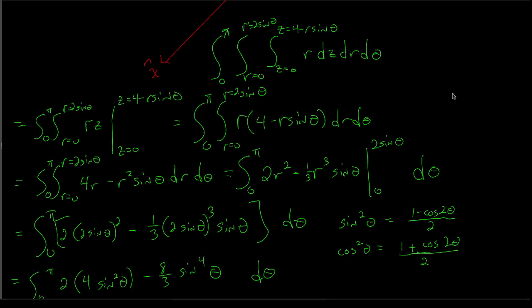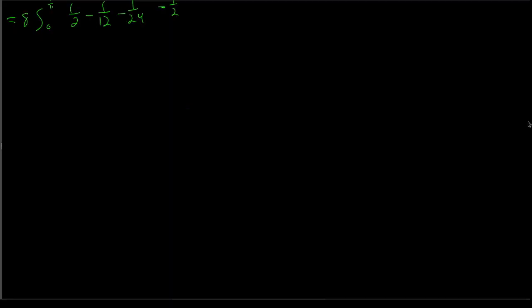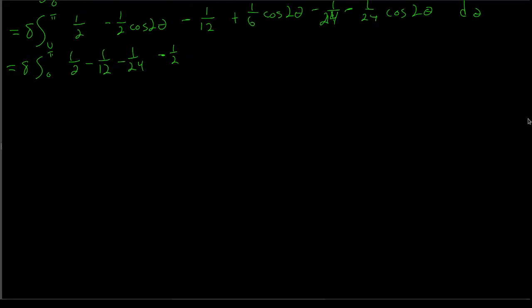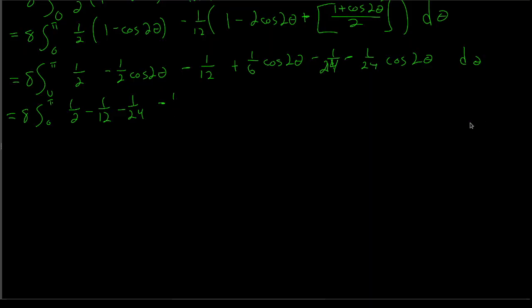There we go. Didn't mean for everything to disappear. Let's see here. All right, so I gathered my constants, 1/2 minus 1/12 minus 1/24. And now I'm going to gather minus 1/2 for this, plus 1/6 minus 1/24 cosine 2 theta, d theta.